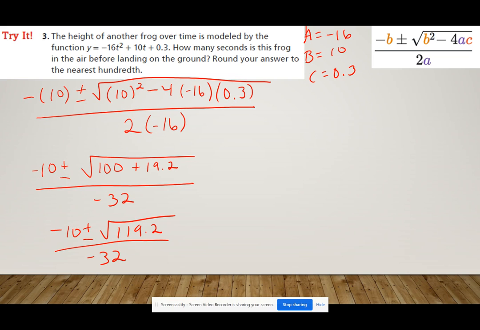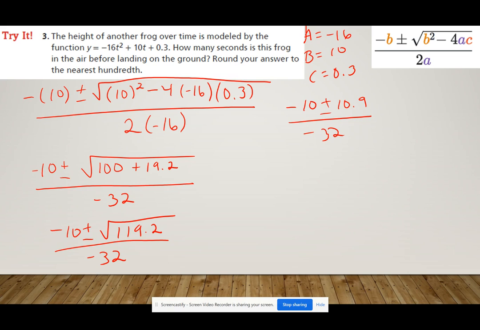Okay, so now the square root of 119.2, I put that in my calculator, I get 10.9 roughly. I rounded that a little bit. So I have negative 10 plus or minus 10.9, divided by negative 32.